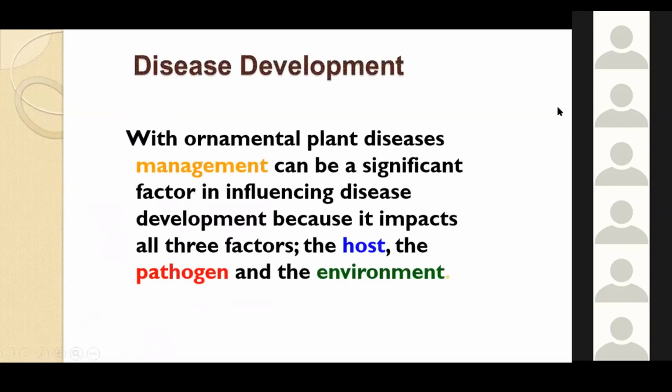And really, as far as disease development goes, with ornamental plant diseases, management is a very significant factor that can influence disease management, really because it influences all portions of that pathosystem, both the environment, the host, and the pathogen.